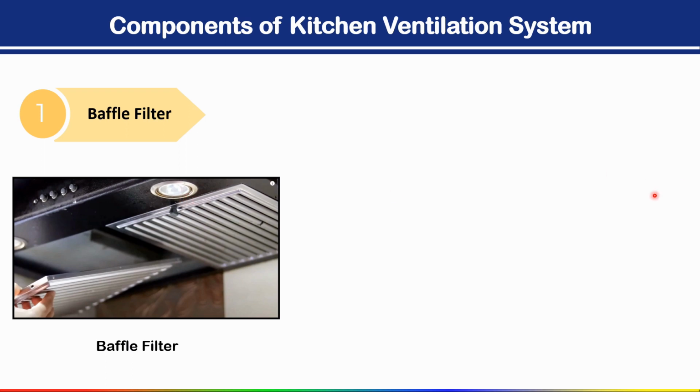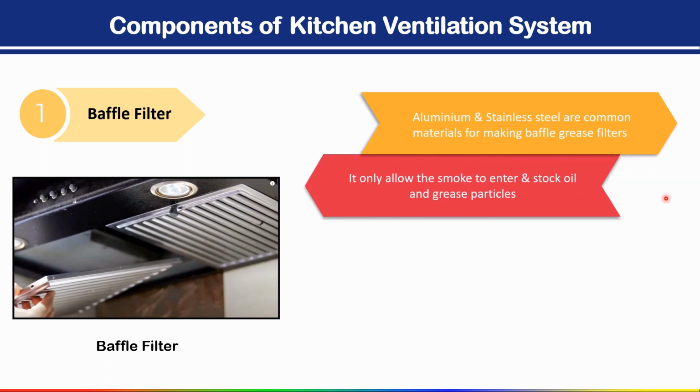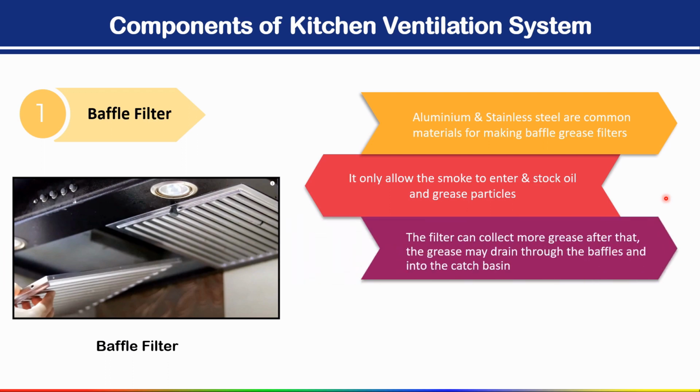So what materials do we use for the baffle filter? Here it is written: generally aluminium and stainless steel are common materials for making baffle grease filters. The function of the baffle filter is what? It only allows the smoke to enter and stops oil and grease particles. How does this baffle filter work?